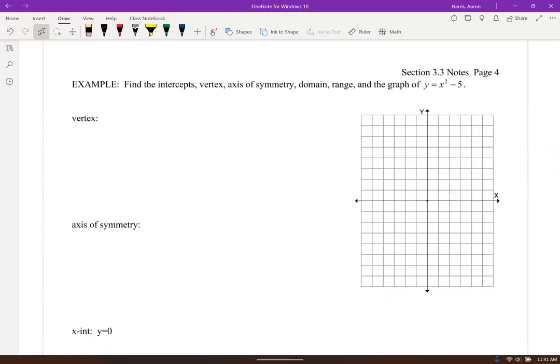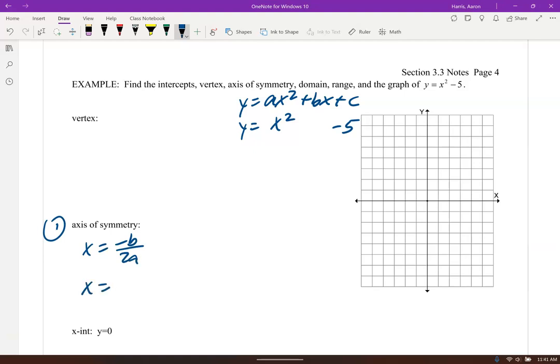Let's go ahead and do this one. Find the intercepts, axis of symmetry, domain, range, and graph of this one. So we have y equals ax squared plus bx plus c. Now notice this is just x squared and then the constant down here is -5. So when you're finding, number one, the axis of symmetry, negative b over 2a, our b is 0.